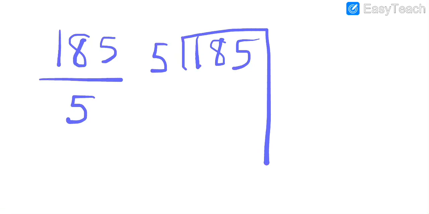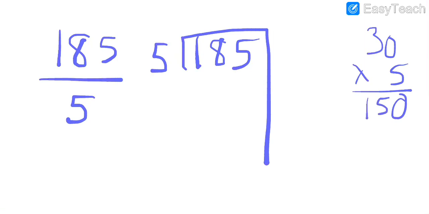And if we say 5 times 20, that's 100. 20 times 5 is 100. We just doubled that. That's getting closer. That's not bad. What about 30 times 5? If you need a little help over here, you can do that on your paper. 30 times 5, 0 times 5 is 0, 3 times 5 is 15. Oh, 150. Hey, that's a lot closer.